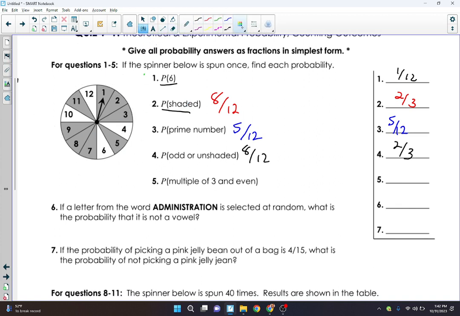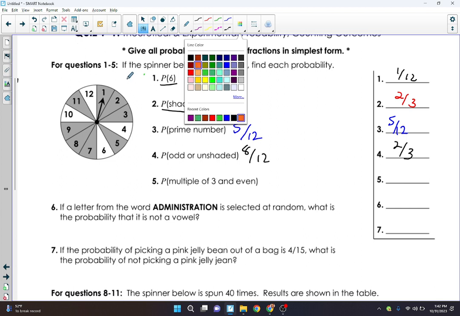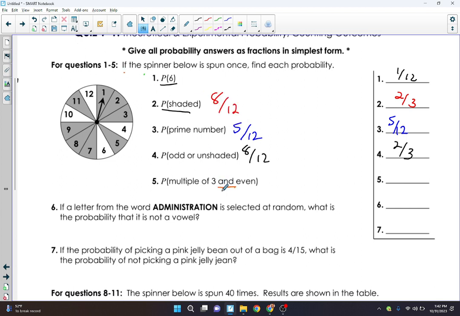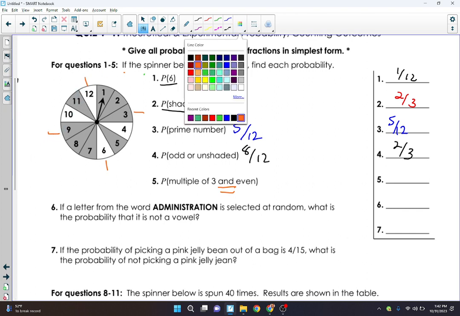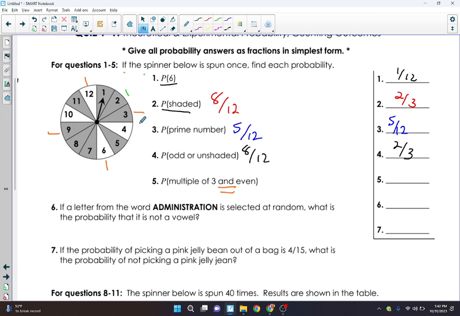Now, the next one is multiple of 3 and even. So I'm saying and. So it has to be both. So first, multiples of 3. So that's 3, 6, 9, 12. And then evens. So that's 2, 4, 6, 8, 10, 12.